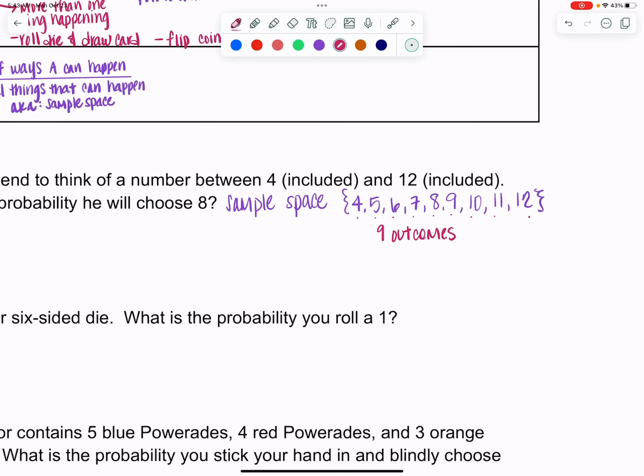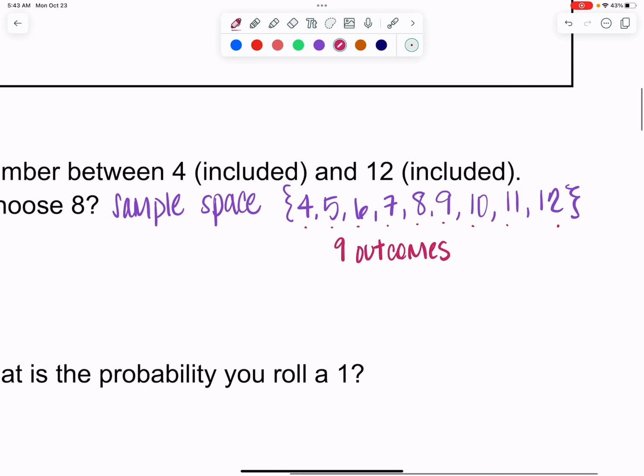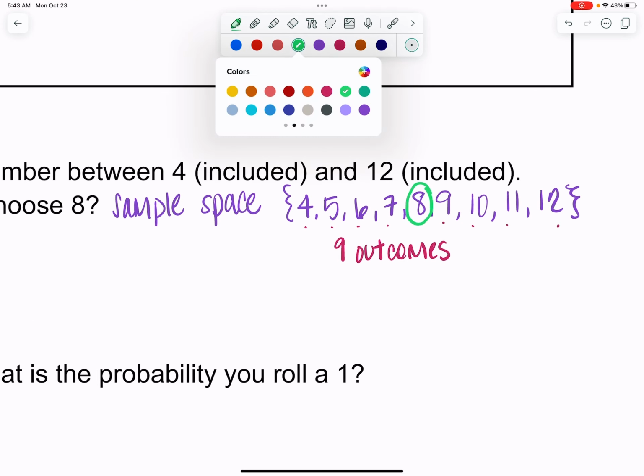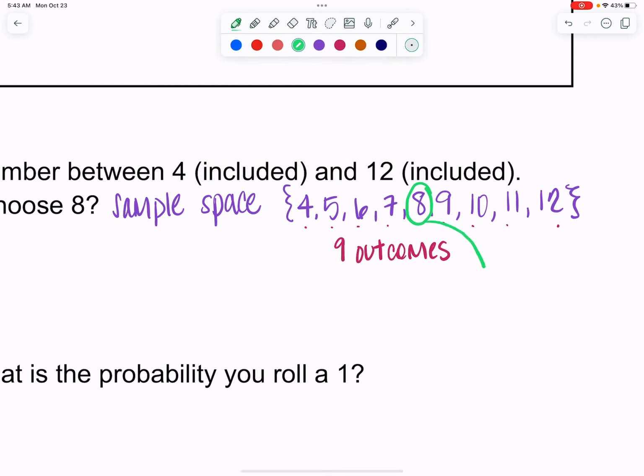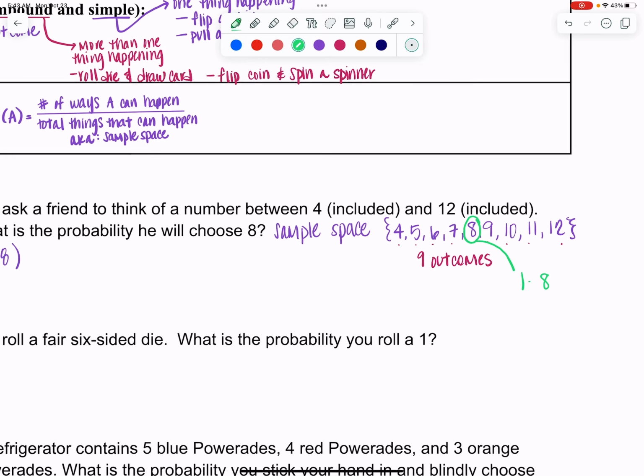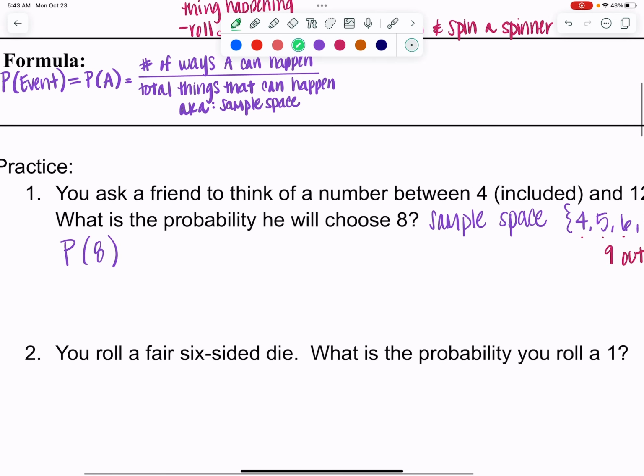If I look at my sample space, I only have 1, 8. So when I'm talking about the probability of guessing an 8, we said earlier probability was the number of ways our event can happen.